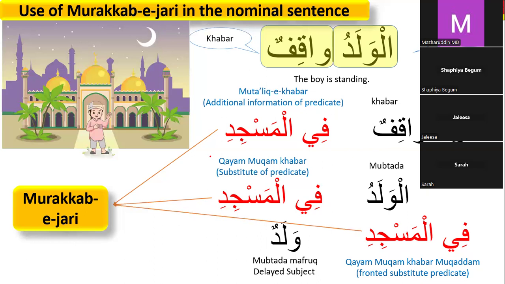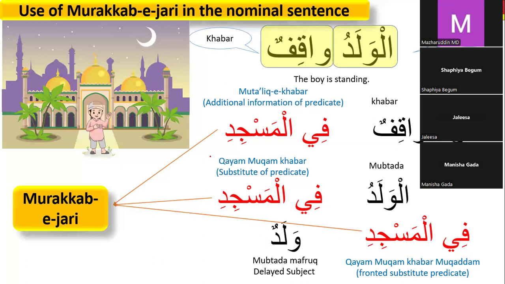Is there any doubt? Ustaz, in some places people use shibu jumla. So in these three conditions, what is shibu jumla? Shibu jumla means it is incomplete khabar. Shibu jumla khabar means fil masjidi, here shibu jumla khabar. It is incomplete because it doesn't have the actual predicate. The actual predicate is dropped.